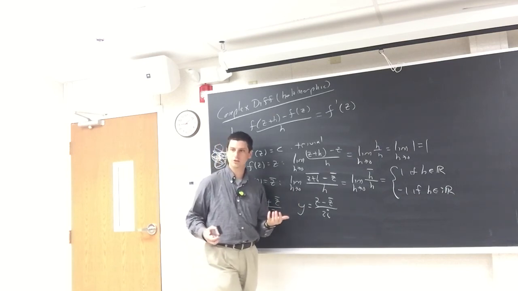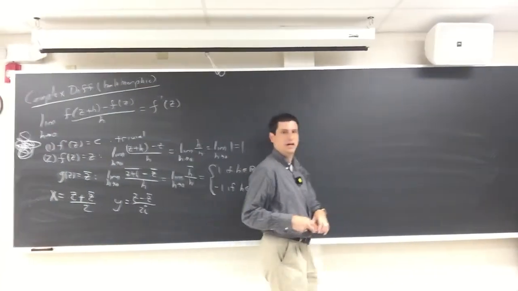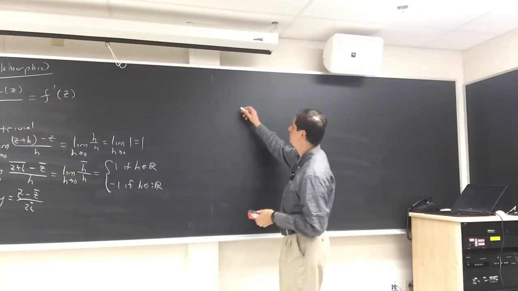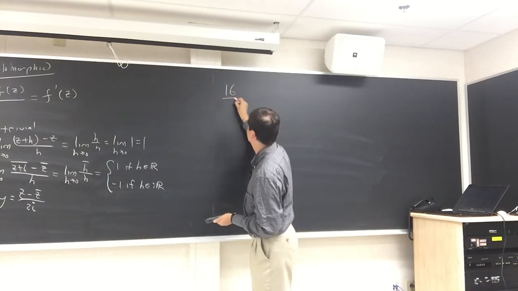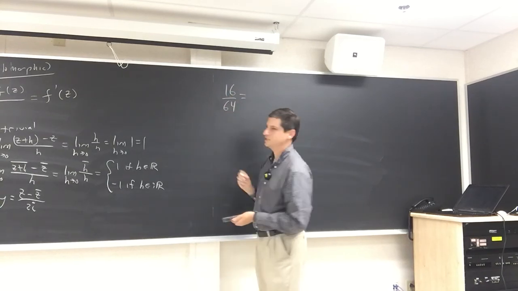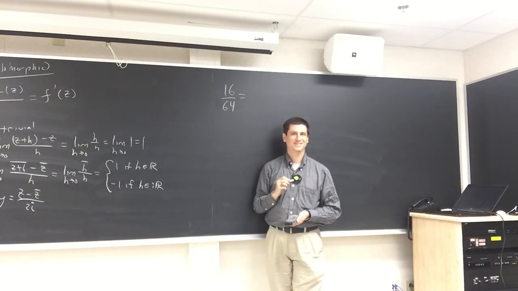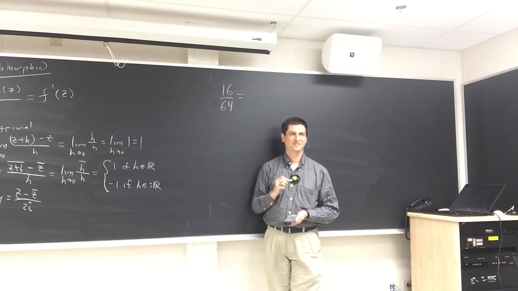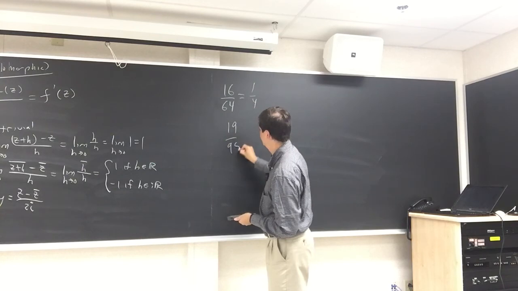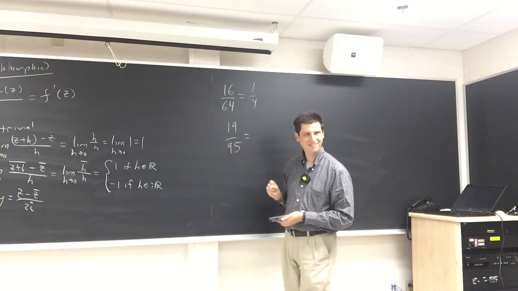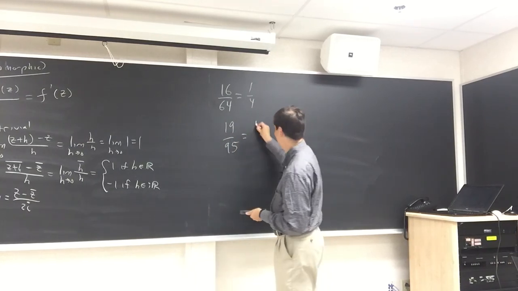Dangerous from looking at too few data points, but as not everybody here has taken a class with me, if you've taken a class with me and you know the example, please don't say so. Can somebody tell me what 16 over 64 is in lowest terms? 1/4, excellent. 19 over 95, let's do a harder one. 1/5, okay.